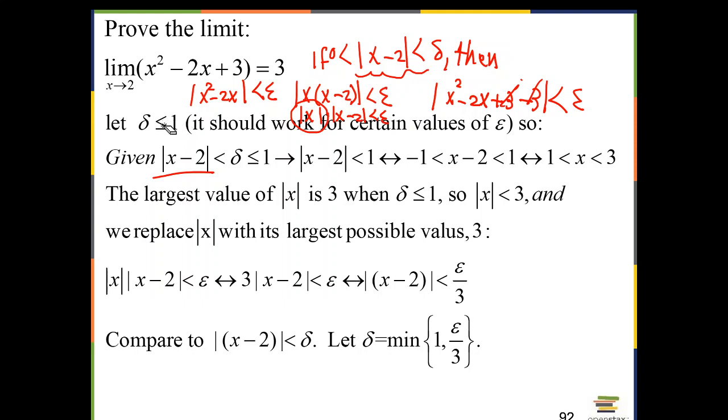So that means if we are within 1 unit on the x-axis, if we are within 1 unit of 2, right, then absolute value of x minus 2 less than delta becomes absolute value of x minus 2 less than 1, right? And that would mean what? That would mean that x minus 2 is between 1 and negative 1. And that means that x is between 1 and 3.